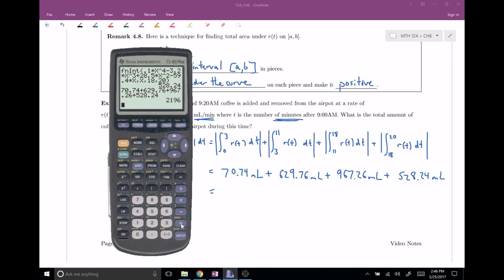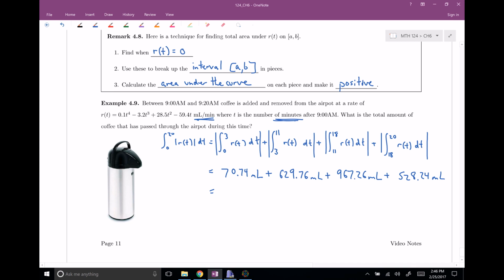So 2,196 milliliters went in and out. That's how much coffee went in and out of this thing from 9 to 9:20 a.m.